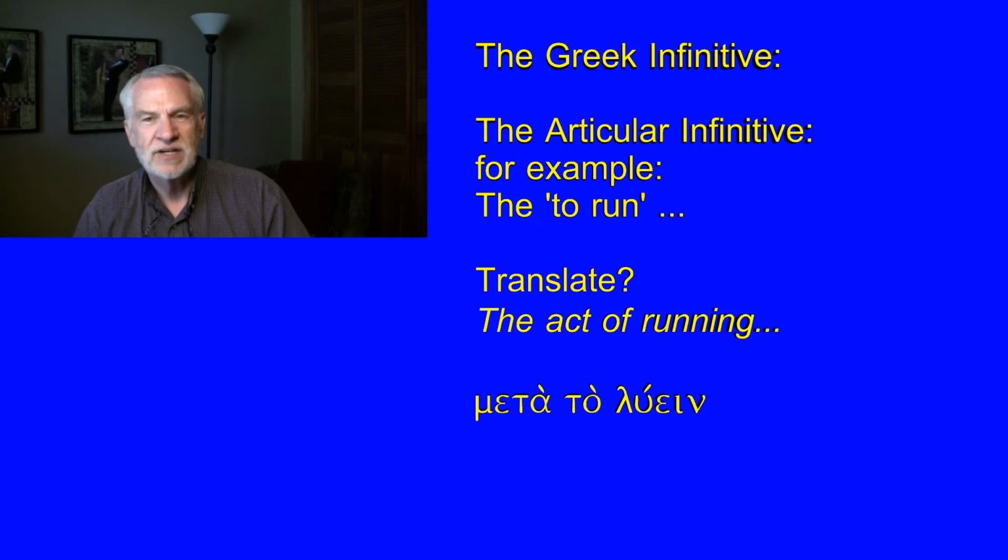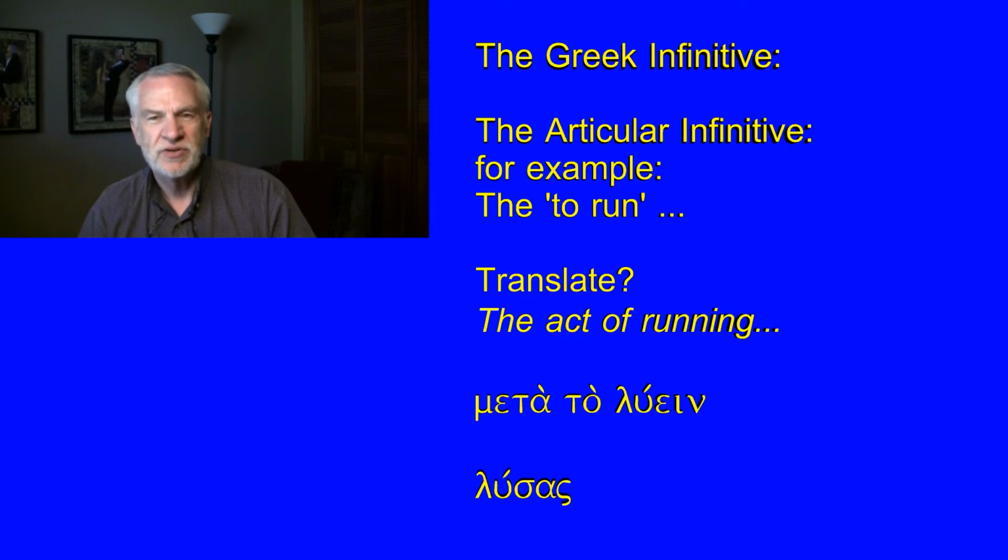So after the act of loosing is roughly the same thing as what we talked about with participles, the aorist participle referring to action preceding the time of the leading verb, and that would be something like "having loosed." And so in a sense you can express the same idea 2 different ways. You can use the preposition meta with the articular infinitive to express having loosed, or after the act of loosing, and you can also use the aorist participle.